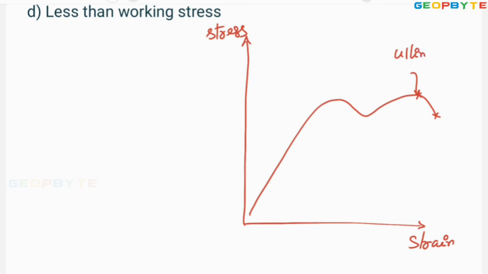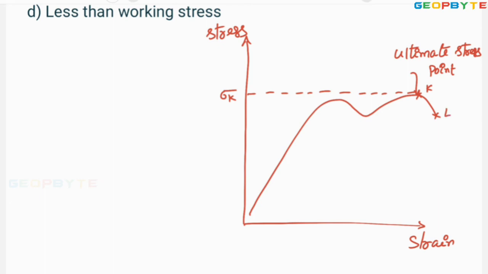At that ultimate stress point, what is the stress? The stress at the ultimate stress point is sigma K. This is the breaking point.